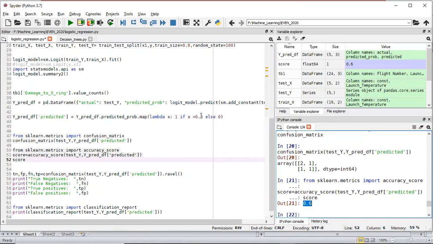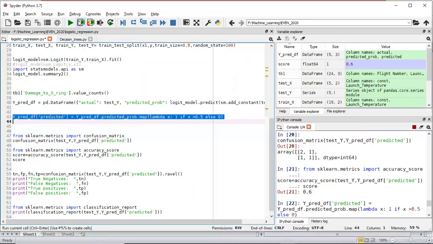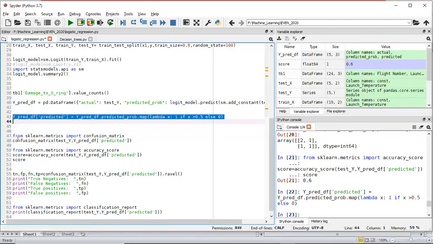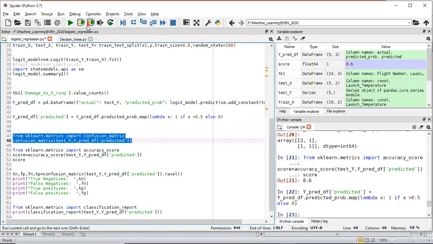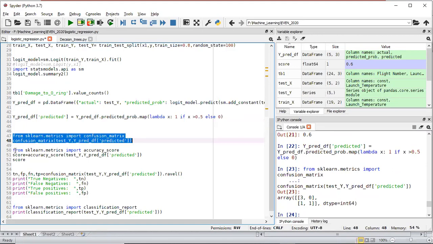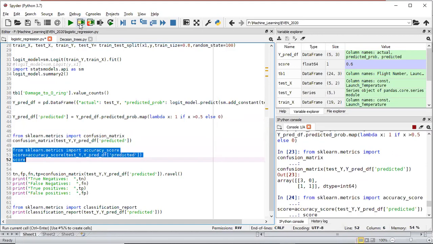Now I'll change the value of the cutoff probability to 0.5, and run the same confusion matrix and score.